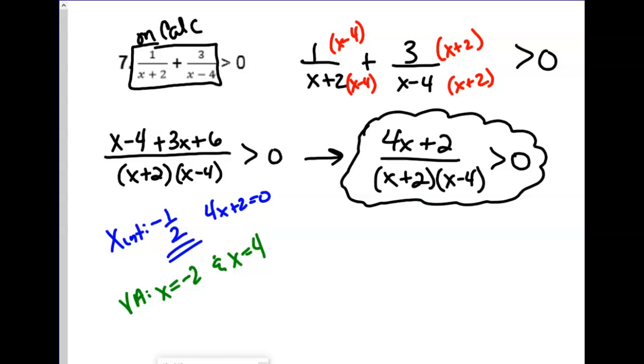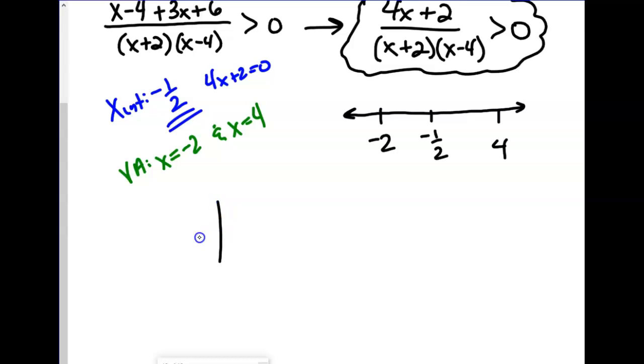All right, so on our sign chart, you've got 3 critical values, and you got to put them in the right order. So negative 2, the asymptote, would come first, and then negative 1/2 would come next, and then 4 would come after that. And then I'm going to rely on you guys to give me a little insight as to what this picture looks like. But let's see.